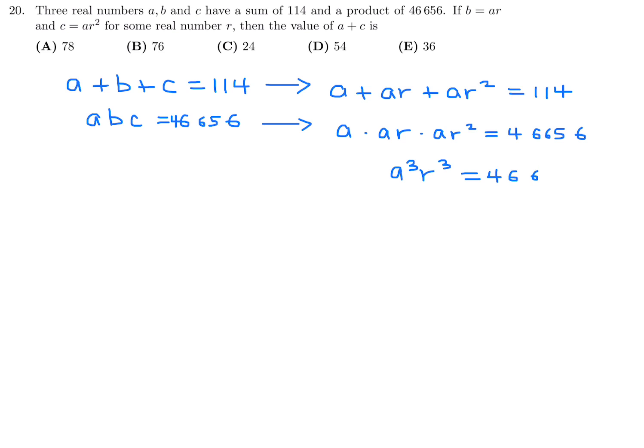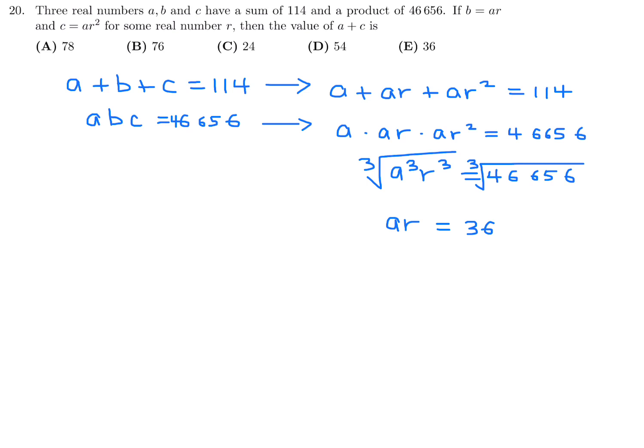And then now, as I'm sure you can figure out, you take the cube root of both sides. And that allows you to get rid of the cubes, I guess. So this just becomes AR. And then the cube root of 46656, and you're allowed to use a calculator on the Canadian math contests, and that is 36. So there we go. We got a very nice result.